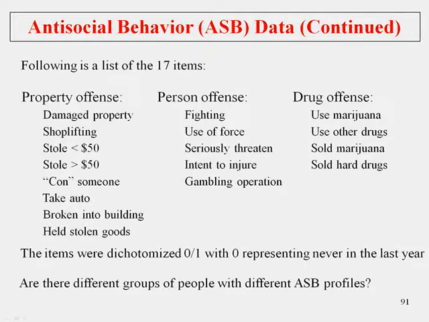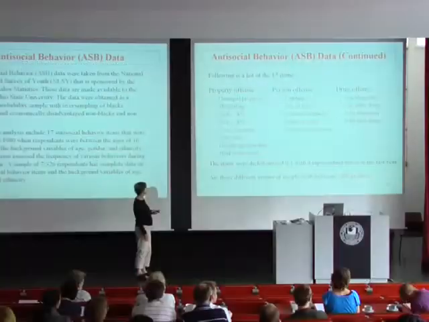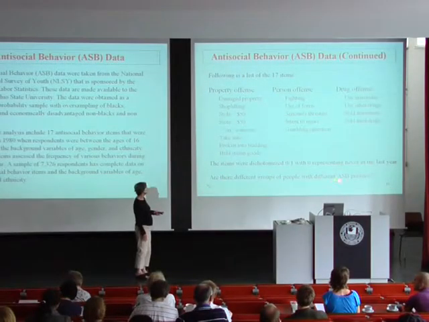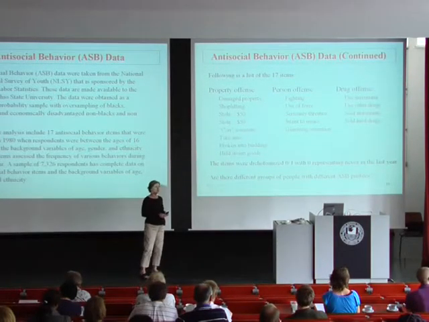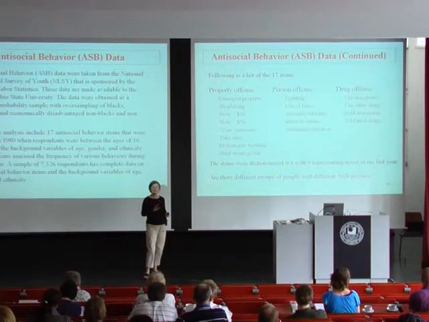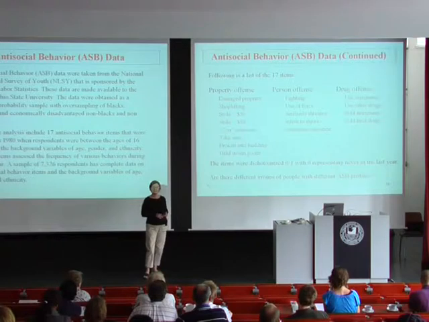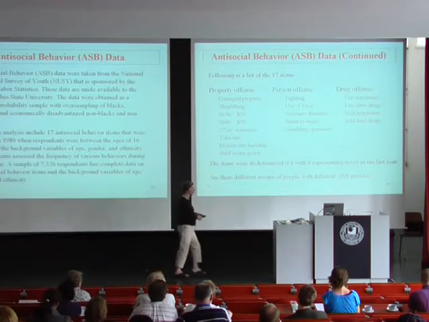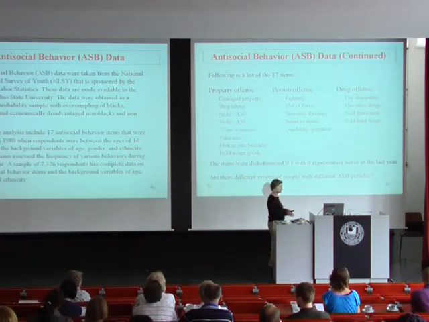They were dichotomized, 0, 1, with 0 representing never having the behavior in the last year and 1 representing having it in the last year. And the question we're looking at is, are there different groups of people that have different profiles on these antisocial behaviors? And we'll be trying to answer that question using latent class analysis.